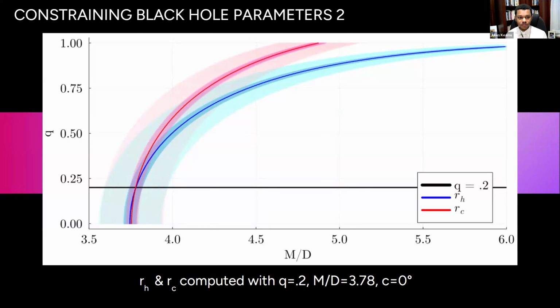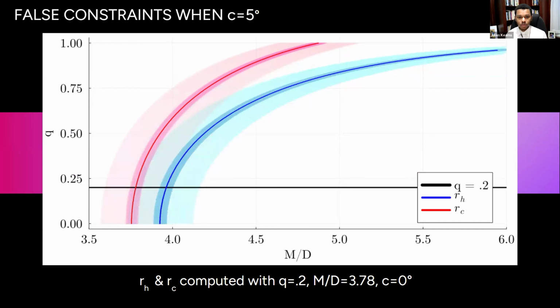Now, something very specific that my research wanted to analyze was the case of emission coming from some emission angle that is not the equatorial plane, and what might happen. So in that case, if we were to have emission from some height above the equatorial plane, but we are fitting assuming that our emission is coming from the equatorial plane, then we have a plot like this, where our horizon curve has actually been shifted to the right.